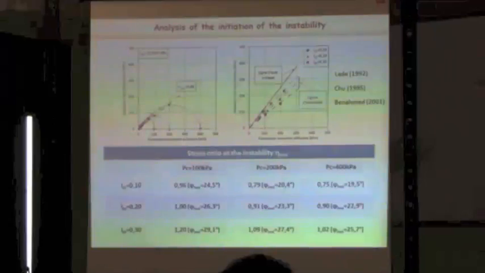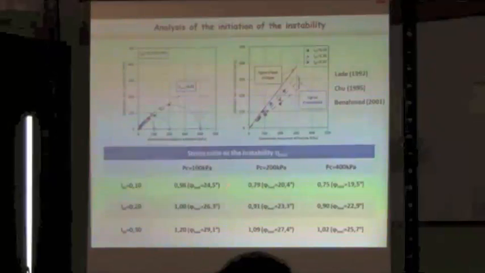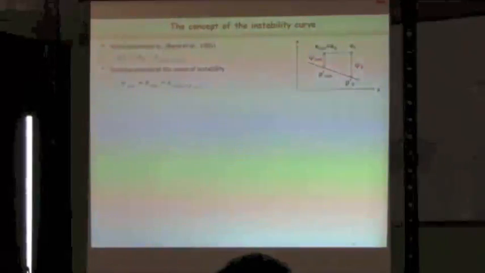However, if we look more precisely at the evolution of the stress ratio at the instability, the eta instability, we can see that this eta varies as the confining pressure varies. So we analyze our data by using another concept, which is the concept of the instability curve.